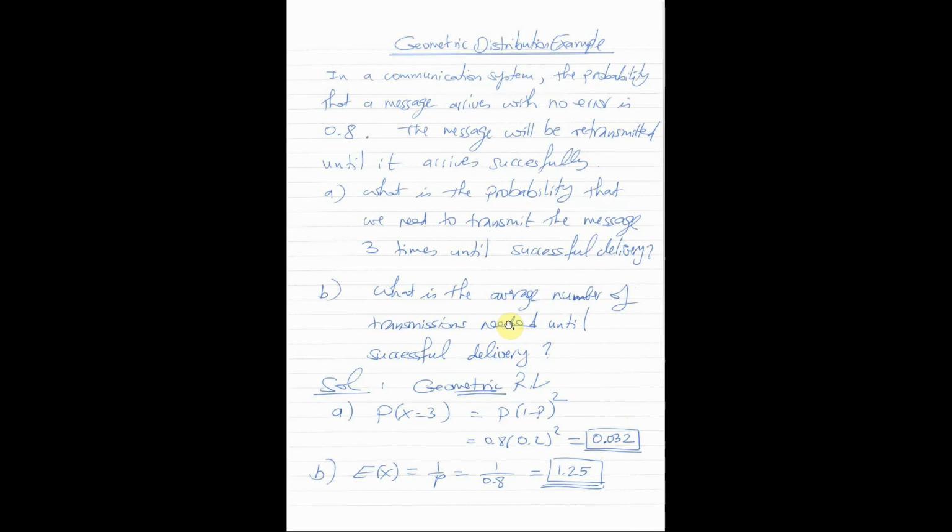A follow-up question B here: what is the average number of transmissions needed? On average, how many times do we have to transmit this message until it arrives successfully? Since we have a geometric random variable, average means expectation, expected value of X, which is 1 over p. Remember, we are not using n times p. This was the expected value for a binomial distribution, but here we have a geometric distribution, so the expected value is simply 1 over p, and p was 0.8, so 1 over 0.8, which is 1.25.